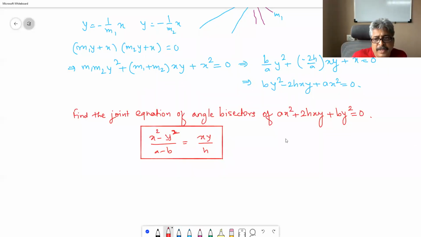The joint equation of angle bisectors will look like this: x square minus y square upon a minus b is equal to xy upon h. Now, take a couple of minutes, those who could not do it, check whether you can arrive at this.